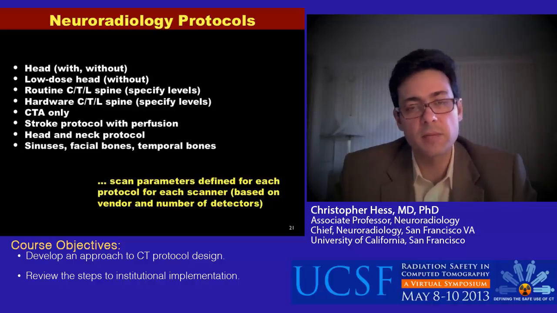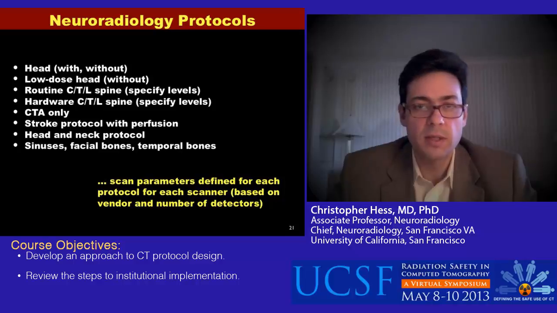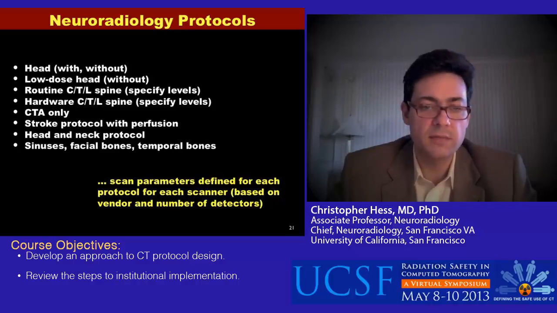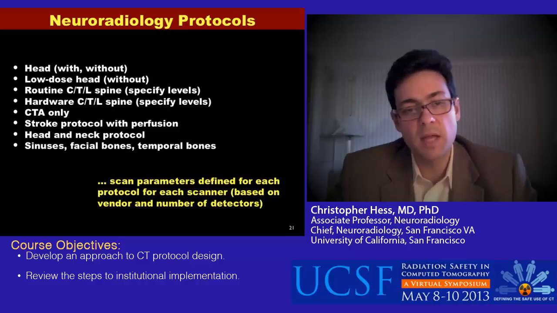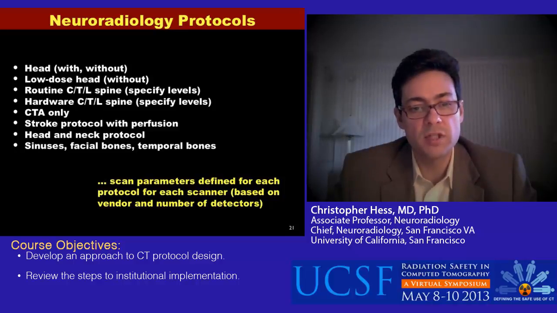And if we're studying bones, either the temporal bones, the sinuses, or the facial bones in cases of trauma, for example, we'll use a lower dose protocol targeted to those structures just to evaluate for fractures. But the bottom line is that the scan parameters are defined for each protocol, for each scanner, based on the vendor and the number of detectors for consistency across the different sites that we have at UCSF.